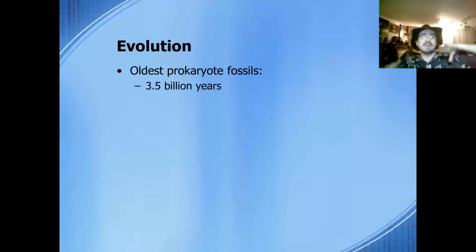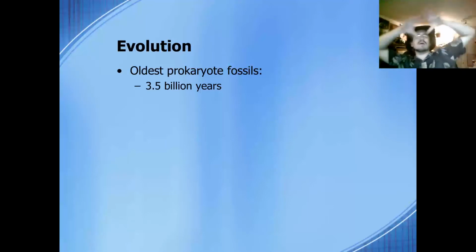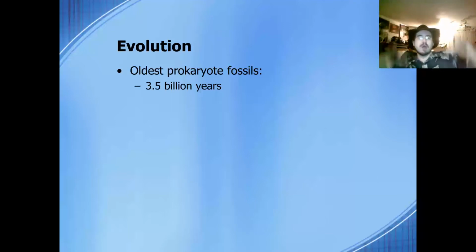They are rocks. They're called stromatolites, and they're big, bulbous, ocean rock-looking things sticking out of the water. Those stromatolites are some of the oldest fossils. They were produced by prokaryotes roughly 3.5 billion years ago, only 500 million years after the Earth was formed.